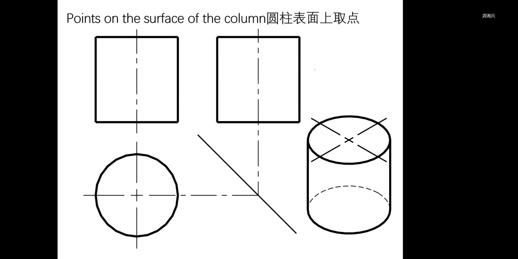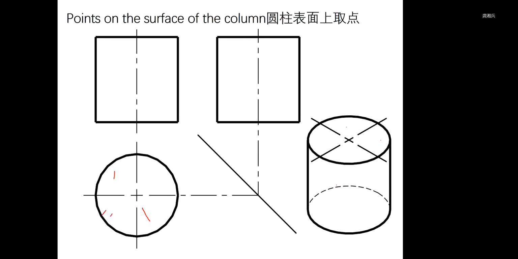Here, we do the point on the surface of the column. Okay, in this picture, if the point is on here, we use this helping line, just like a cross. It makes this column into four parts: right, left, front and back.